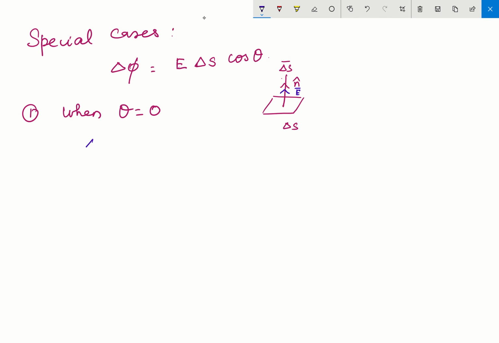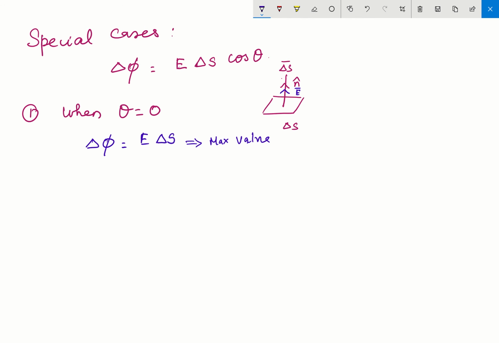Delta phi is equal to E delta S. Is it clear? Therefore, this is nothing but the maximum value possible of the electric flux.